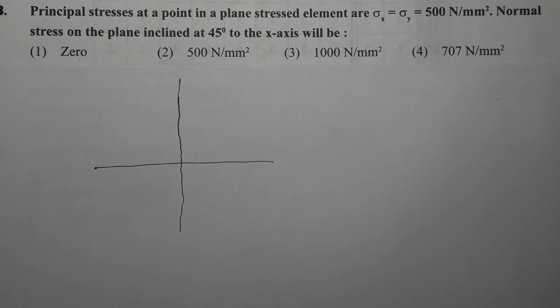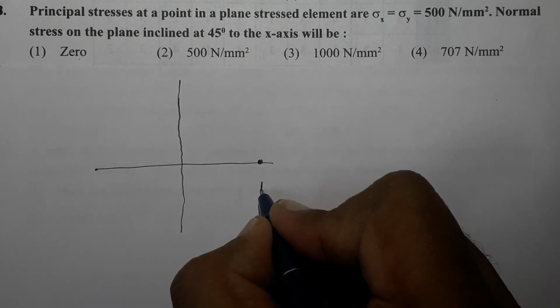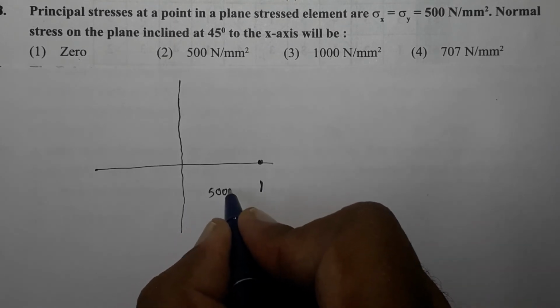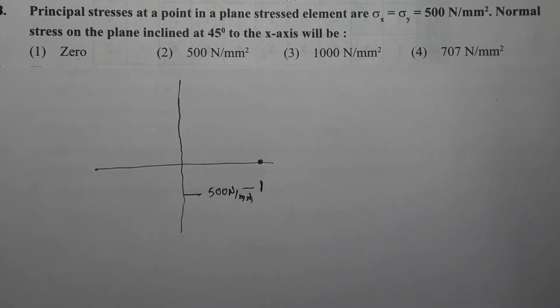Principal stresses, that is sigma 1 and sigma 2, both are 500 newtons per mm square, which indicates a point. So both the principal stresses are the same. So the Mohr circle will be a point over here, and as such the normal stress on every plane is going to remain the same, which is 500 newtons per mm square. Option 2 is the correct option.